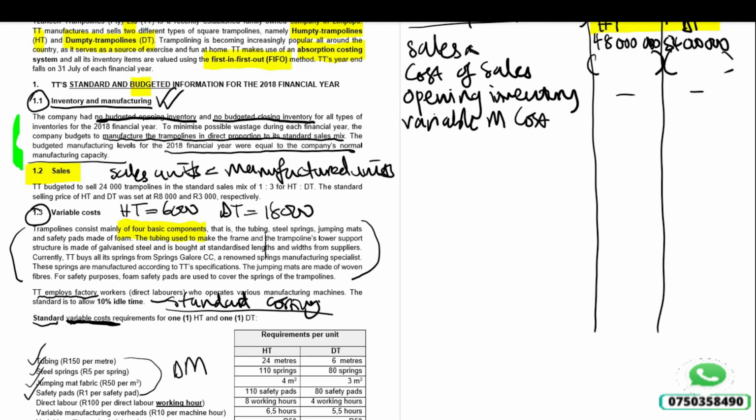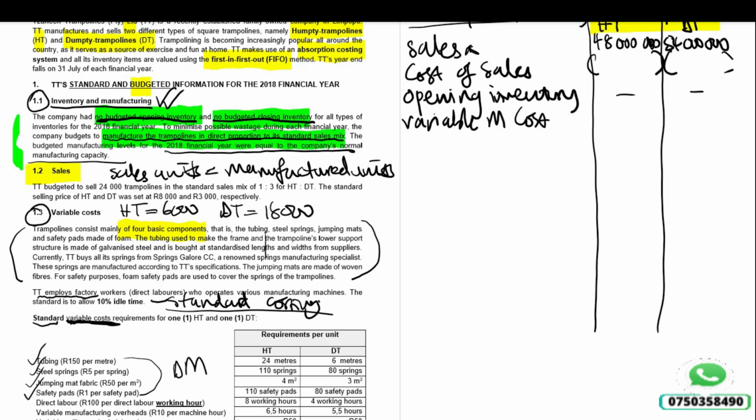Because of this statement here, first of all, there was no opening inventory and no budget closing inventory, which means that whatever you produce, we're going to sell all of it. So your manufacturing units are going to be equal to your sales, right? And also they said that manufacturing of trampolines is in direct proportion in the standard mix.